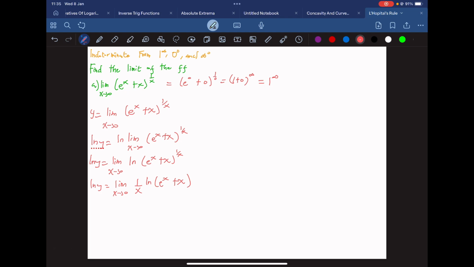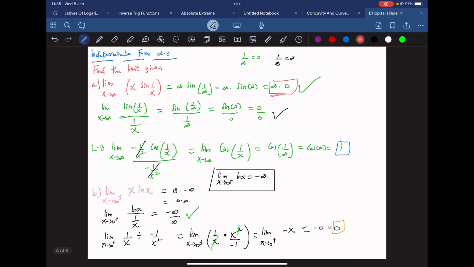If we put in 0, we're going to have 1 over 0, which is infinity, and ln of e to the power 0 plus 0. e to the power of 0 is 1, so 1 plus 0 is just 1. So infinity times ln of 1, and ln of 1 is 0, so you have to note that. Remember, we've gotten the indeterminate form that we were previously working with.